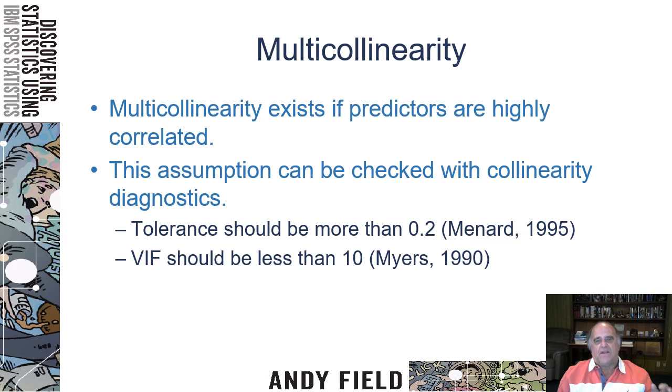So that would indicate to you that you don't have multicollinearity if the VIF is less than 10 and the tolerance is more than 0.2. If the tolerance is less than 0.2 or the VIF is more than 10, then you have a problem.